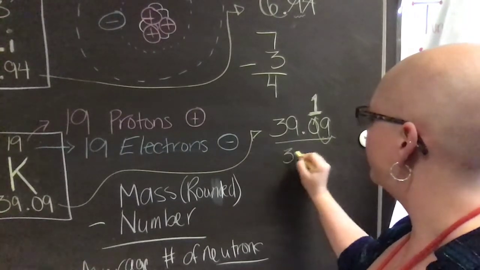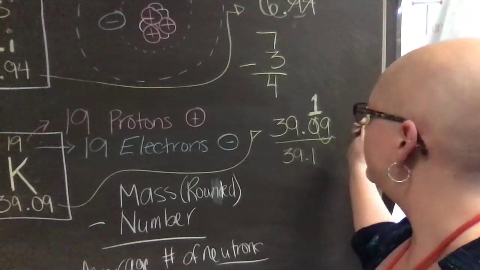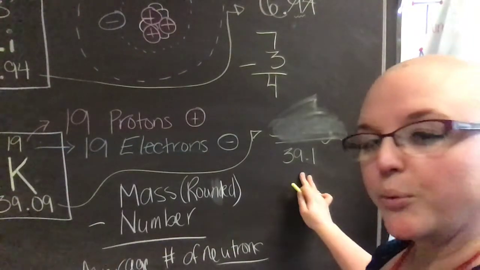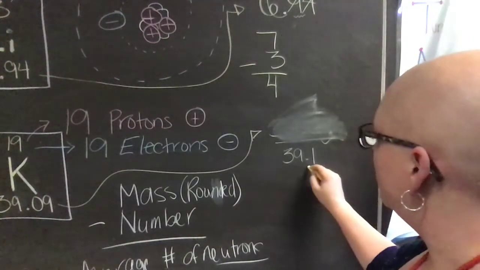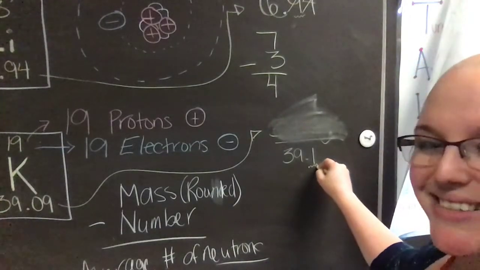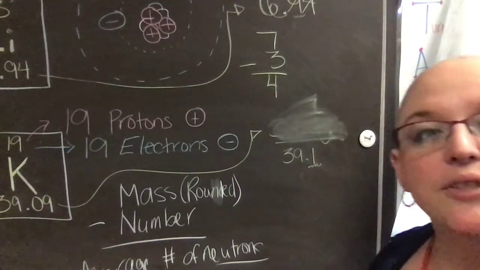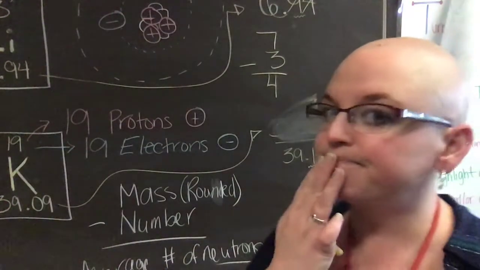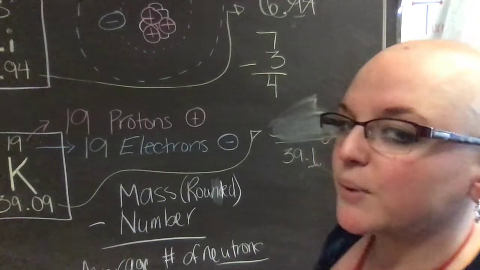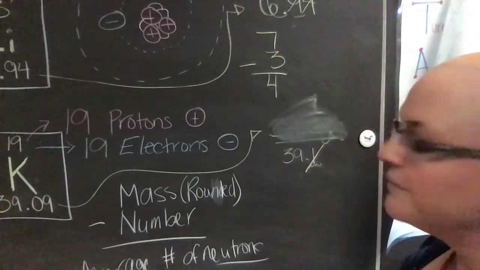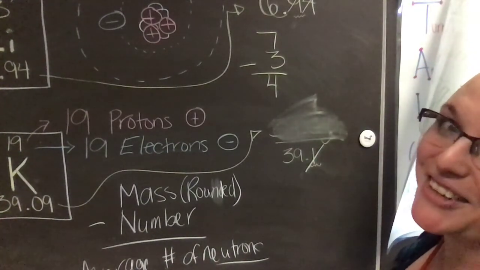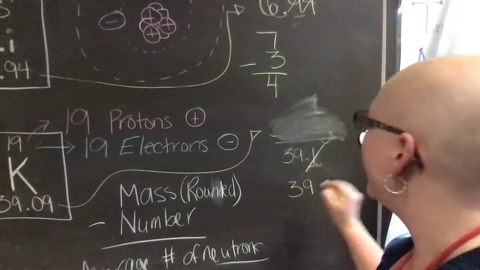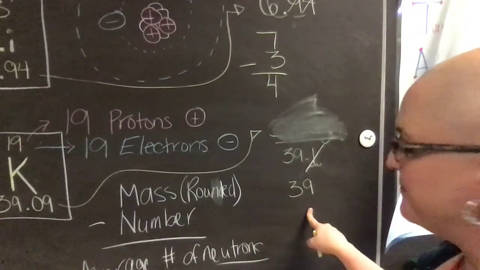So now I have 39.1. With 39.1, I'm going to look at this decimal place now, right next to the decimal itself. If it's 4 or below, let it go. If it's 5 or above, give it a shove. I think I'm going to let this one go, my friends. Let it go. Be like Elsa, let it go. All right, so that leaves me with 39. That is my rounded value, 39.